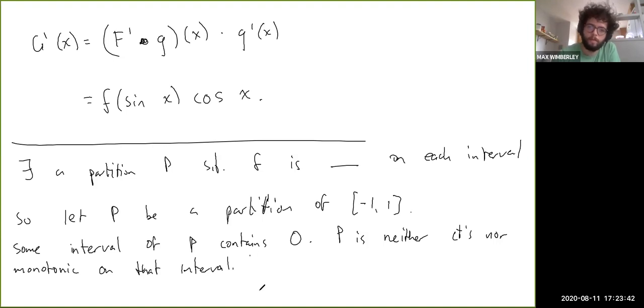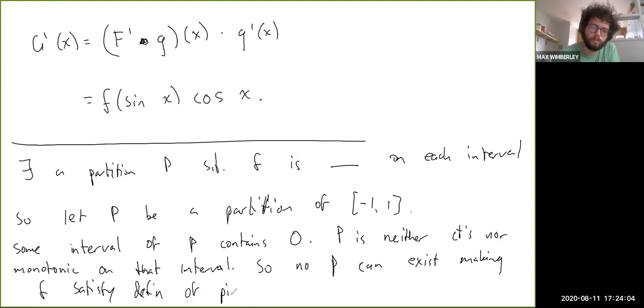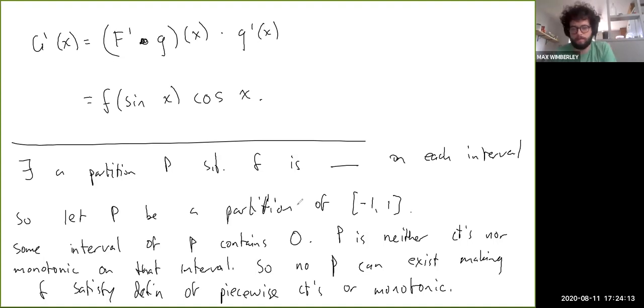So no P can exist, making f satisfy the definition of piecewise continuous or monotonic. Right.